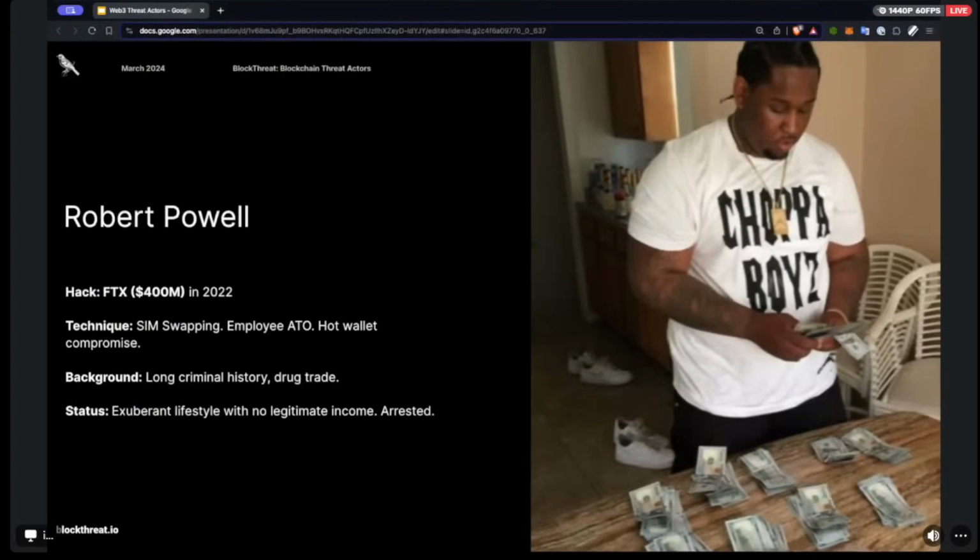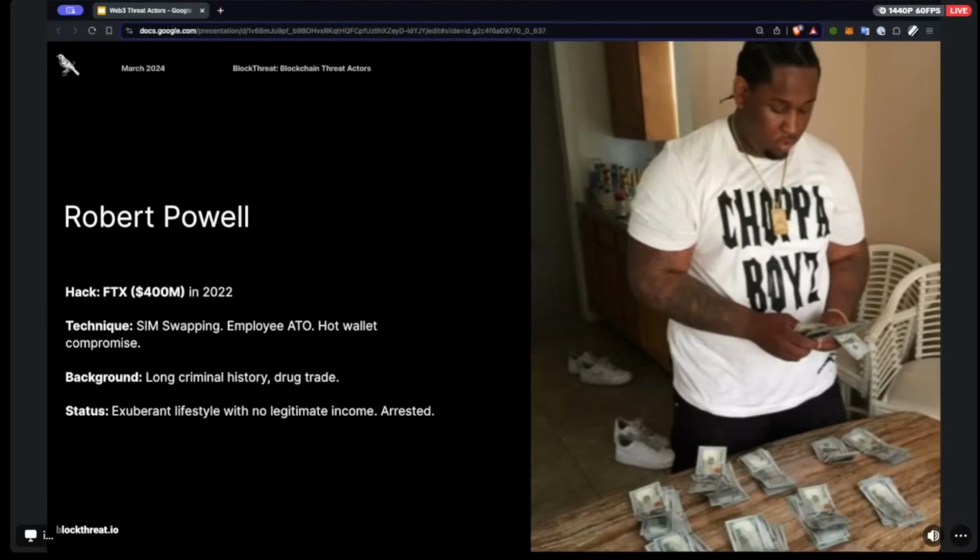That said, we're dealing with a seasoned career criminal who graduated into SIM swapping and ATOs. They're not really amateurs. If you look at the actual transactions of how the funds were laundered, they were using more traditional Eastern European techniques and channels. More likely than not, Robert was part of one of the crews.